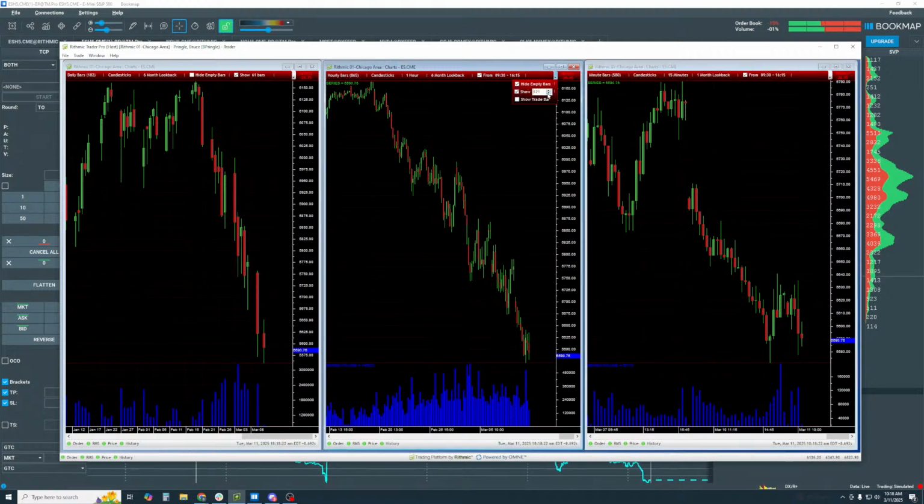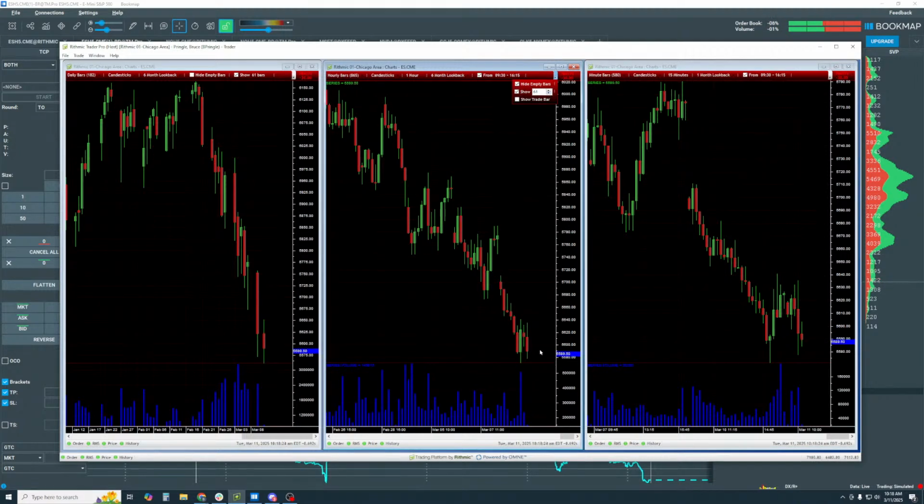Let's bring it a little closer, and you can see it failed up here on the hourly, right? It briefly went above that hour period, came right back down though, and we see some pretty heavy selling, or at least price action. It tested back down here, and it bounced a bit. What does it look like on the 15-minute? We're seeing wicks on both sides in here.